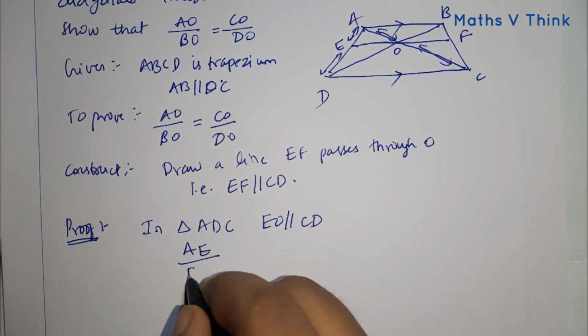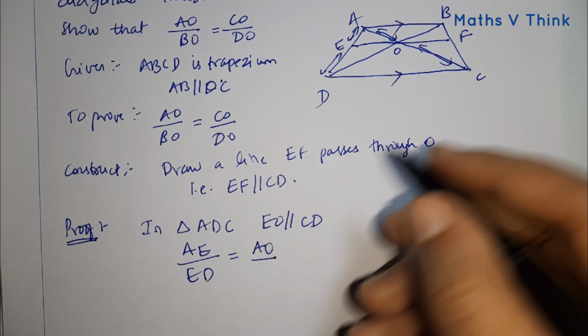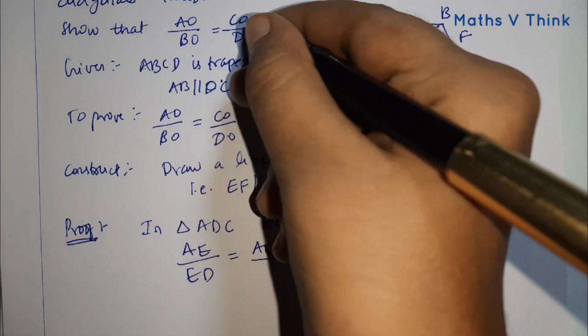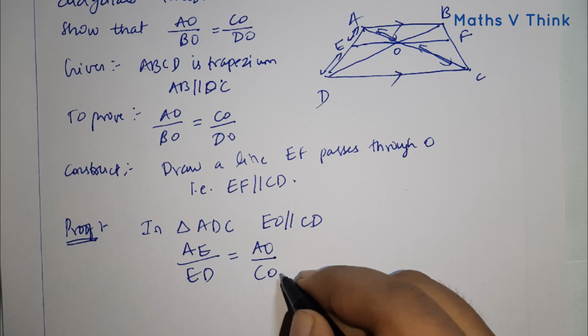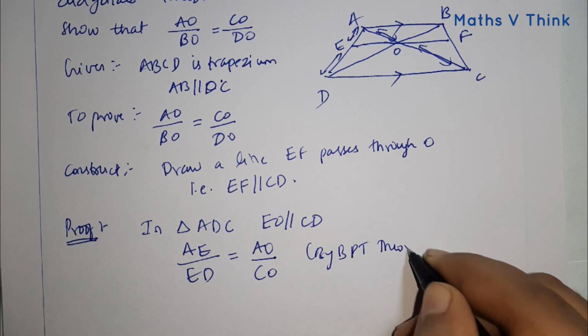AE by ED is equal to AO by OC. I'll write it as CO by, why? Because in the question they have written CO. So CO by, BPT theorem.